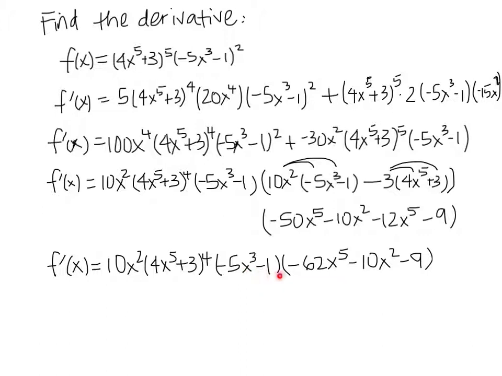Oh, my little pointer doesn't work up there. So right here and right here, I see that I have all negatives. I'm going to factor out a -1 from each of those two terms. What's going to happen?